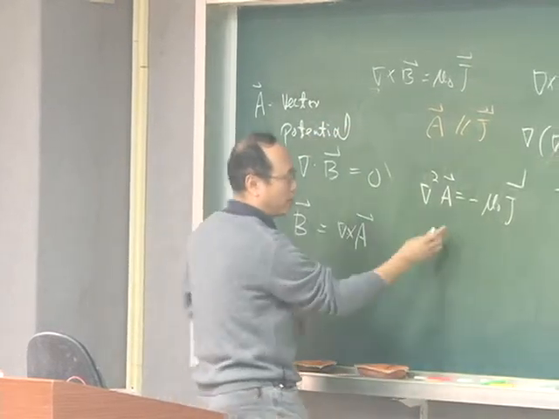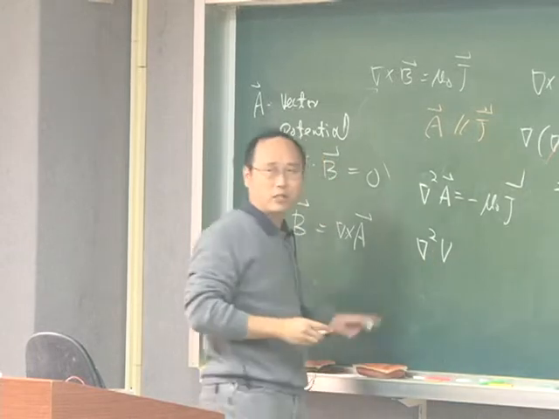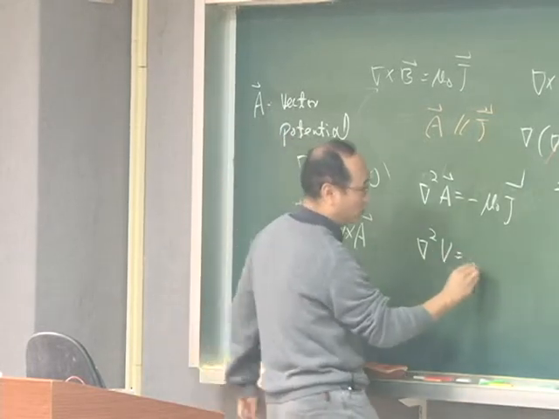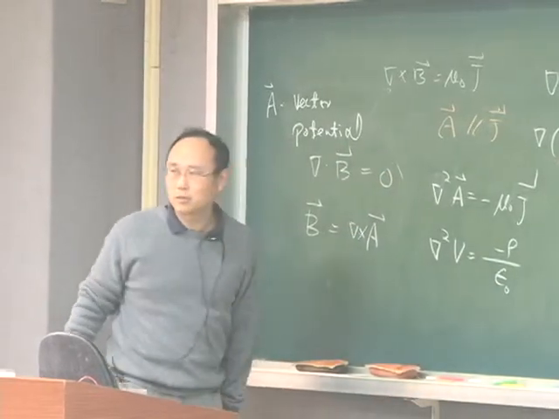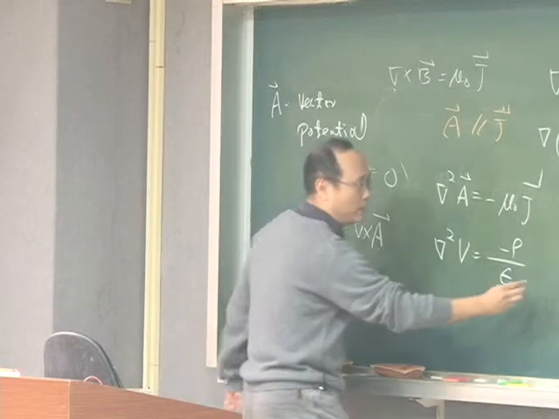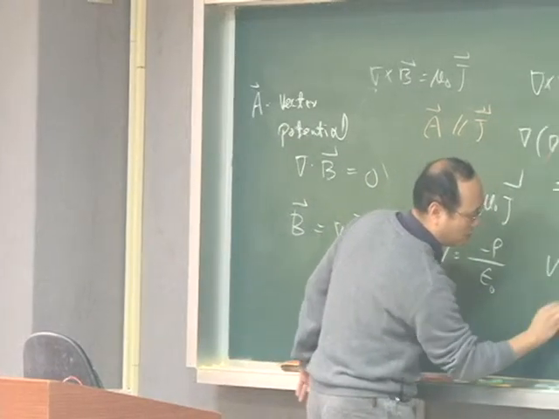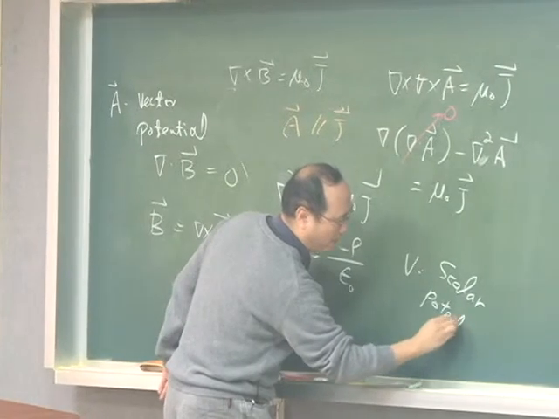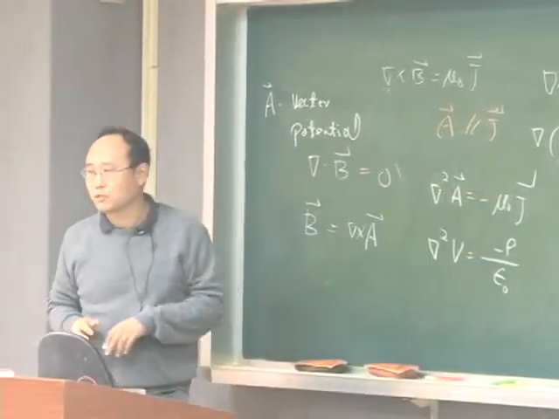Because if you can compare this expression with Laplacian of V, this is a scalar, equal to minus rho divided by epsilon 0. This V is called scalar potential. This A is called vector potential.